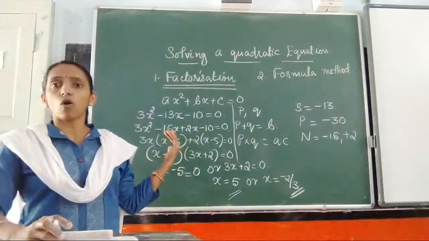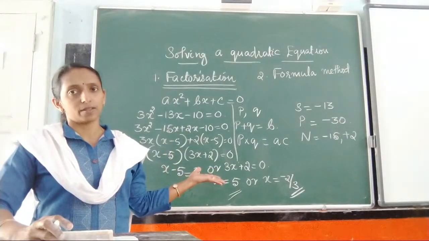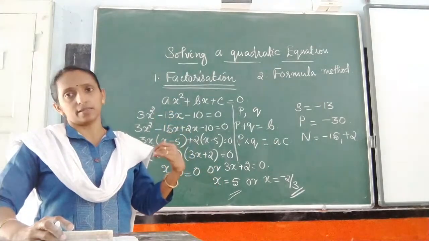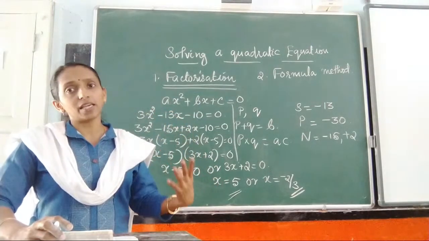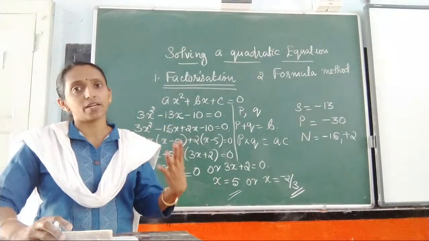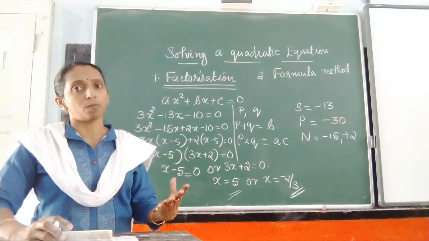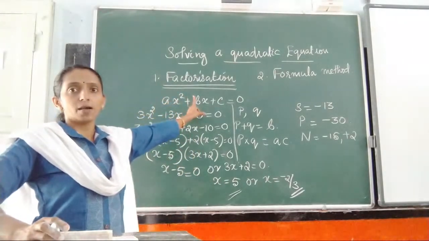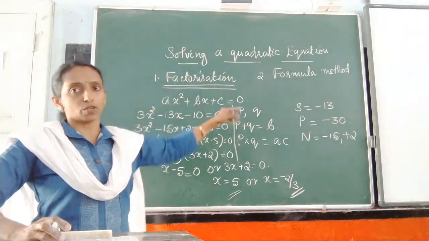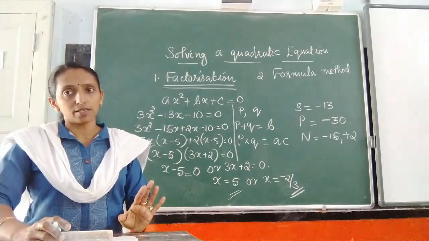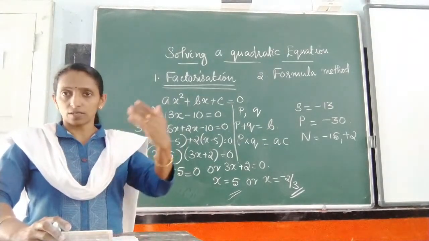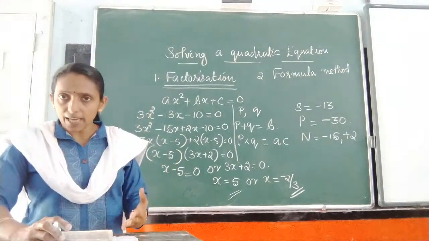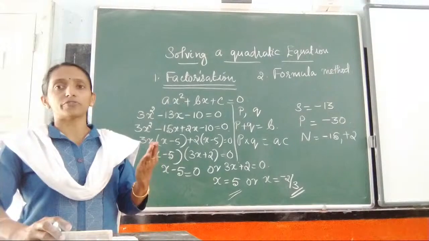First clear all the fractions, simplify all the terms, then make the equation in the standard form. What is our standard form? Standard form is ax square plus bx plus c equal to 0. So we will solve all the fractional terms, all the bracket terms, simplify everything and make it in the standard form of the quadratic equation.